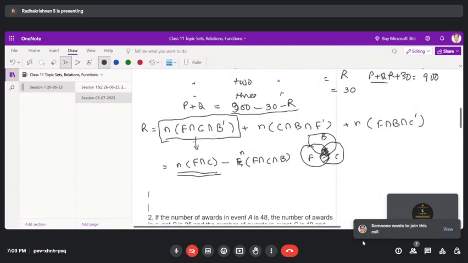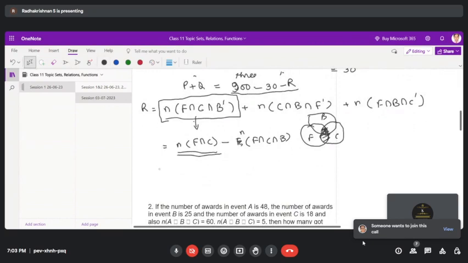Sir, N of F union C is equal to N of F plus N of C minus N of F intersection C. Very good, very good. This is one of the basic formulas. N of F union C is N of F plus N of C minus this intersection.